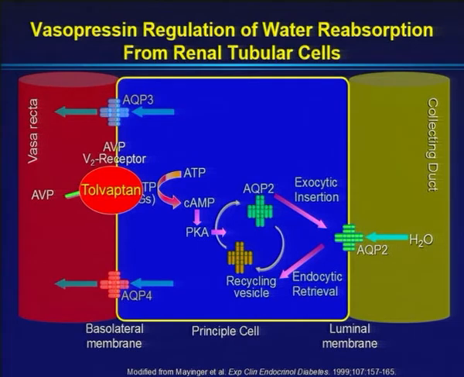V2 receptors are located on the basolateral membrane. This is the vessel, this is the principal cell, and this is the collecting tubule duct. V2 receptors are located here.